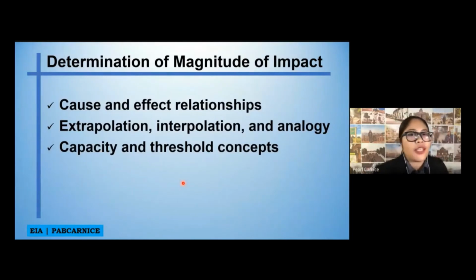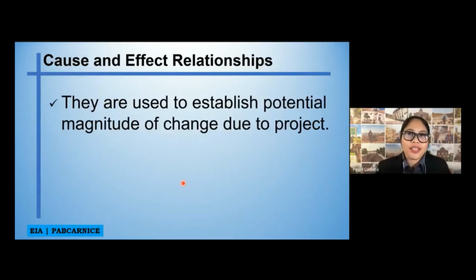So we have cause and effect relationships, interpolation and analogy, and of course, capacity and threshold concepts. When we say cause and effect relationships, they are used to establish the potential magnitude of change due to the project.